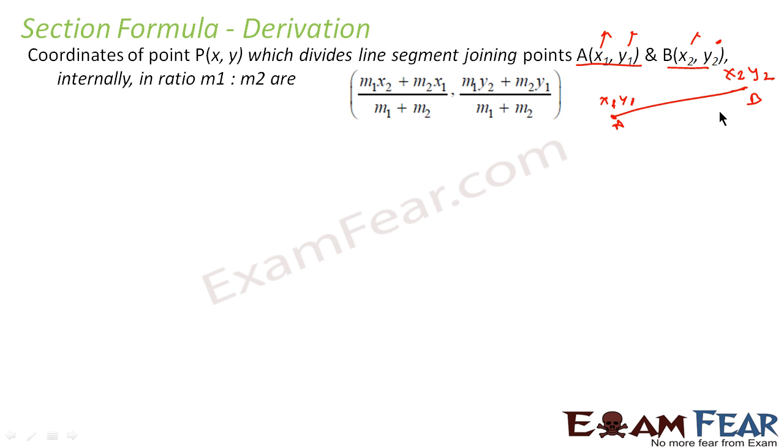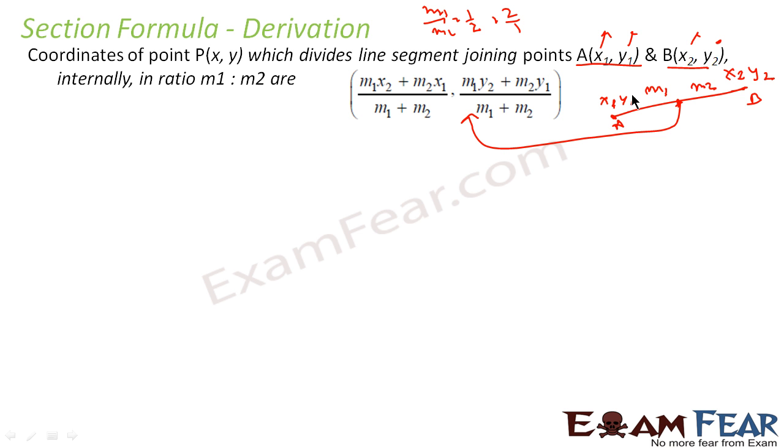Now, there is a point which divides this line in the ratio, let's suppose, m1 is to m2. In our case, m1 by m2 was 1 is to 2 in case 1 and 2 is to 1 in case 2. So let's take the general ratio m1 and m2. Then this point will be denoted by this value.